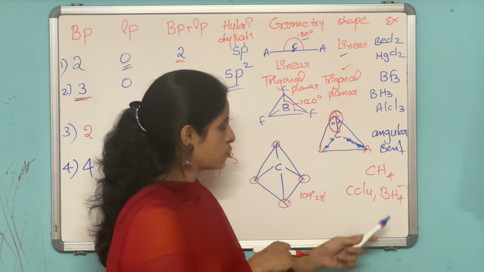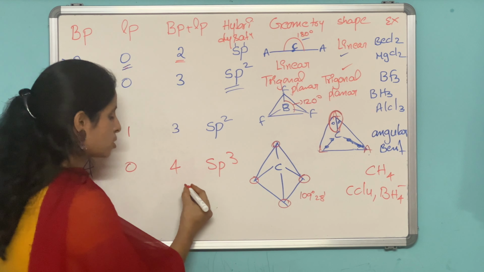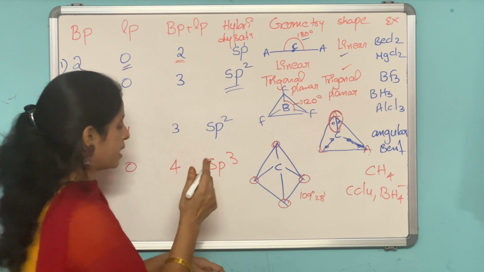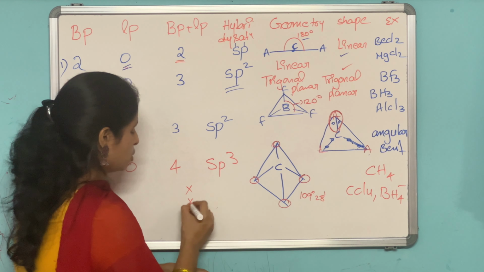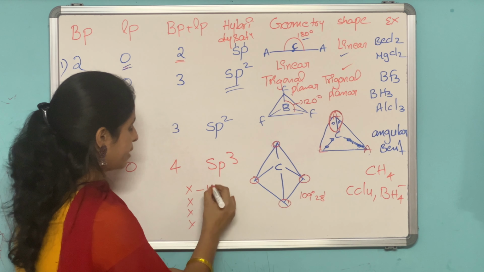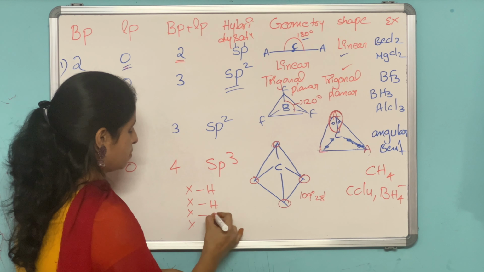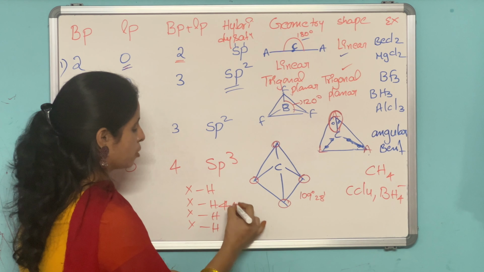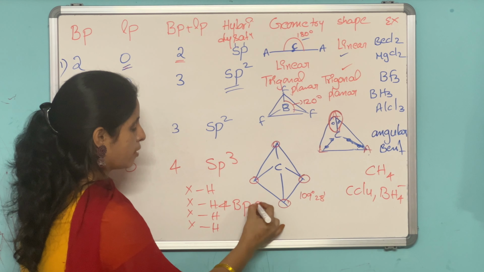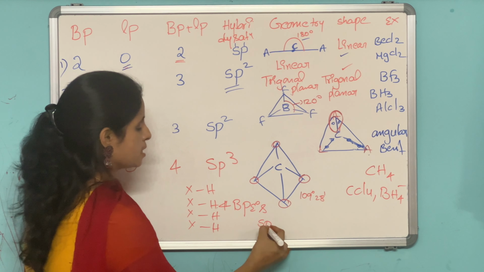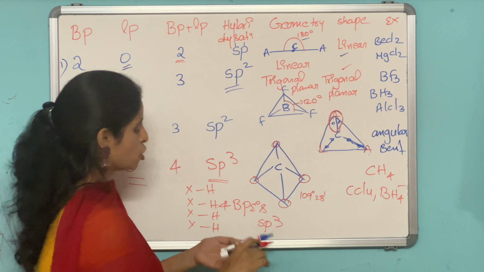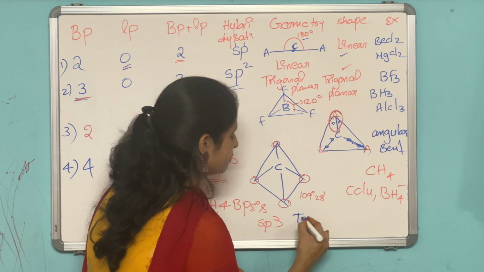BH4 minus means here boron belongs to third group, minus 1. Here anion is there, 3 plus 1, 4. So 4 hydrogens. BH4 minus has 4 bond pairs of electrons, so what is the hybridization? sp3 with 0 lone pairs, and the geometry is tetrahedral.